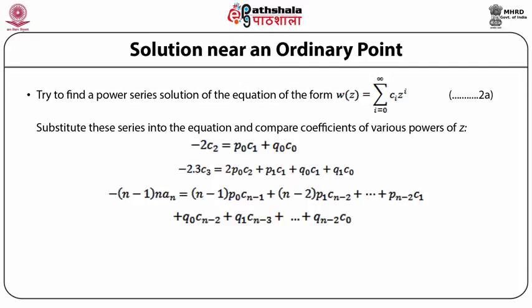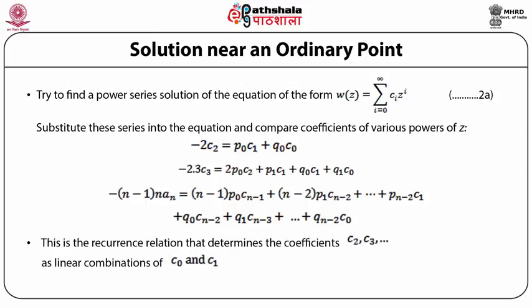The coefficient of z raised to power n minus 1 will be given by minus (n minus 1) n c_n is equal to (n minus 1) p0 c_(n minus 1) plus (n minus 2) p1 c_(n minus 2) plus so on till p_(n minus 2) times c1, plus q0 c_(n minus 2) plus q1 times c_(n minus 3) plus so on till q_(n minus 2) c0.